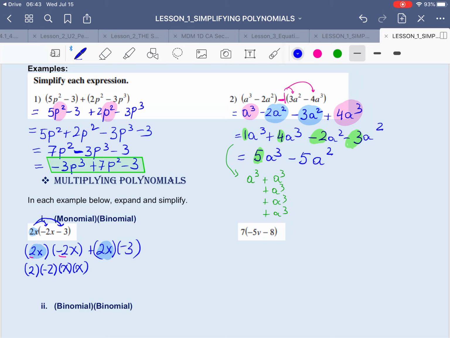Okay, so that means we have negative 4. x times x is x squared. In a similar way, we multiply 2x by negative 3. So the numbers will always multiply each other. The variables multiply each other. So that would be negative 6x. And this will be the answer to example one in multiplying polynomials.